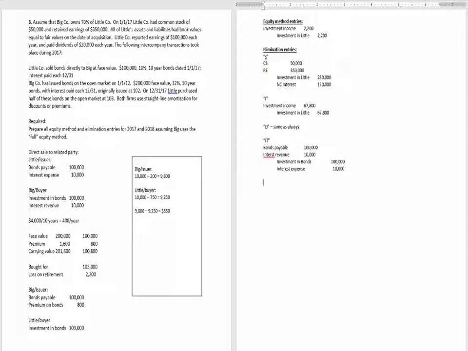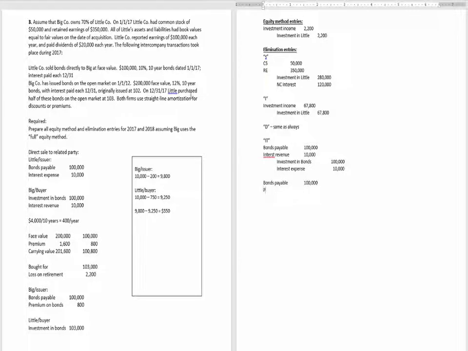The other intercompany transaction is going to be a little bit more involved, and again, we very conveniently and with great foresight listed the accounts related to this bond issue on the books of Big the issuer and Little the buyer, and basically we say, look, from a consolidated standpoint, this bond issue does not exist anymore. We've got to get rid of those accounts. So we're going to debit bonds payable.